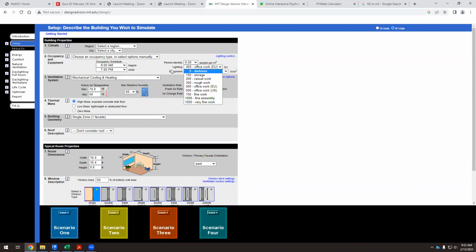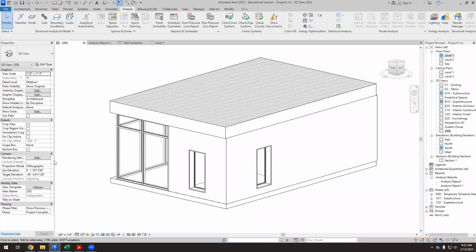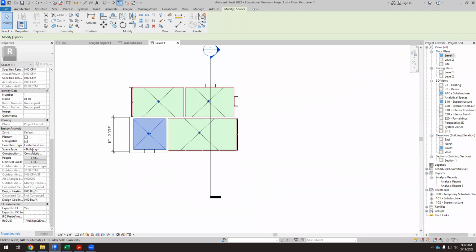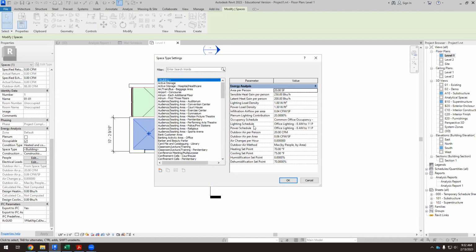Okay, so we have person density. Here we have lighting in lux, we haven't talked about this. Lux is the power or the energy of the lamps. And then the equipment, and we have watts per square meter. I'm sure that in Revit we have done this. If we go to Revit spaces and we go to space type, here we have a lighting schedule and a power schedule.